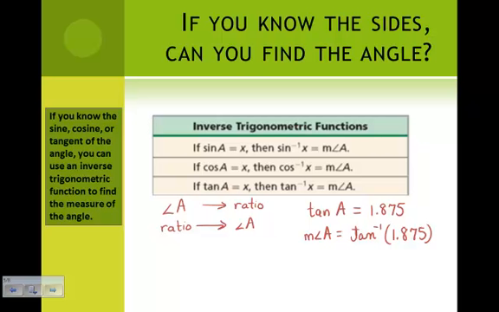I'm telling it that my ratio is 1.875. What's my angle? Press enter, and it'll tell you that that angle, I'm going to put approximately here because I'm going to round, is approximately 61.9 degrees.